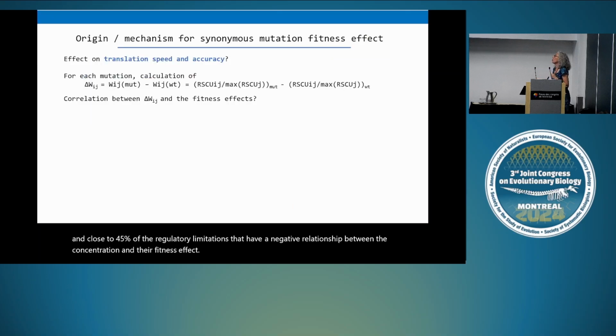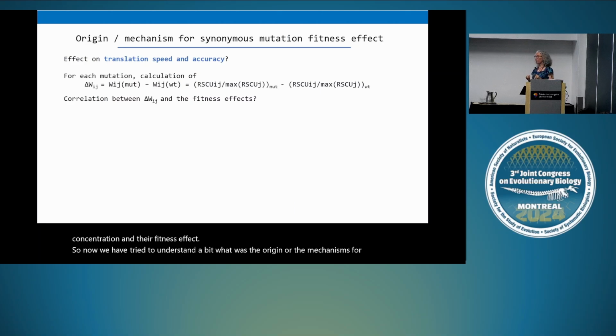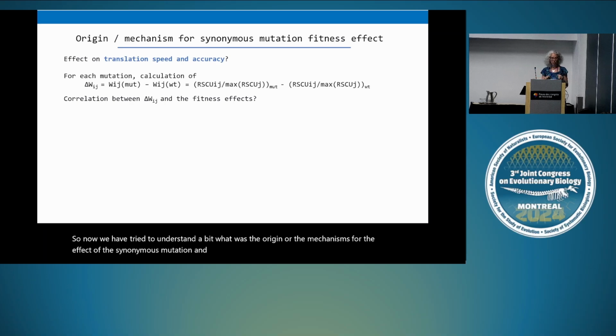So now we have tried to understand a bit what was the origin or the mechanism for the effect of the synonymous mutations. And we tried to see whether we could detect a signal of an effect on translation speed and accuracy. For this, we used the coefficient called W, which is the coefficient that is used when we are calculating the CAI, the codon adaptation index. It's basically looking at the frequency of the focal codon compared to the frequency of the codon of the same synonymous family that is most used in the species.